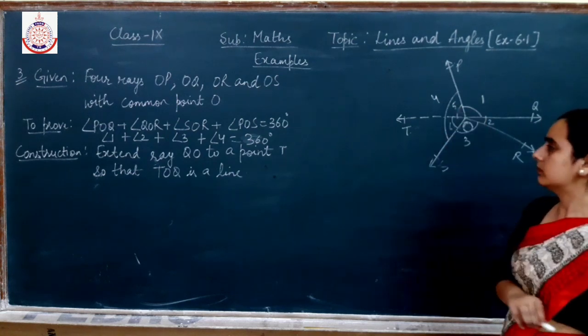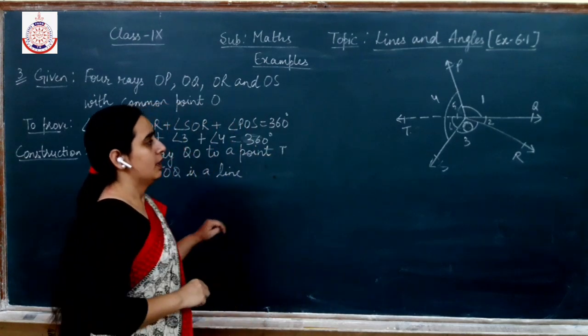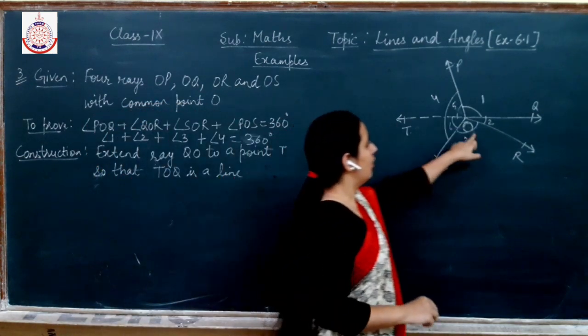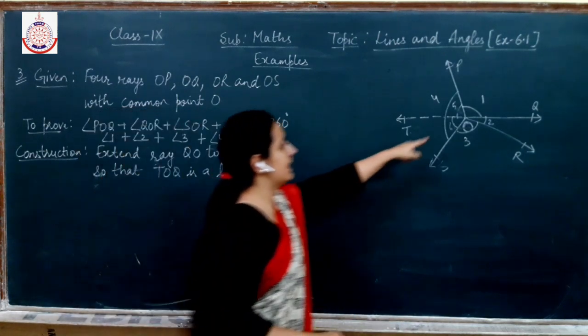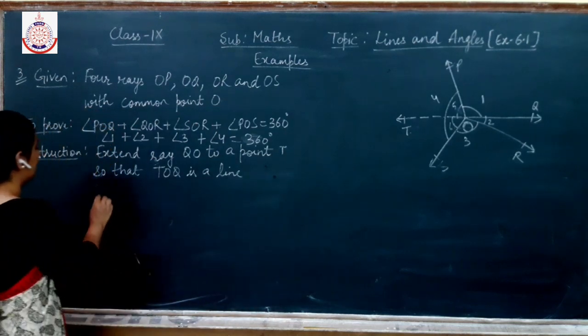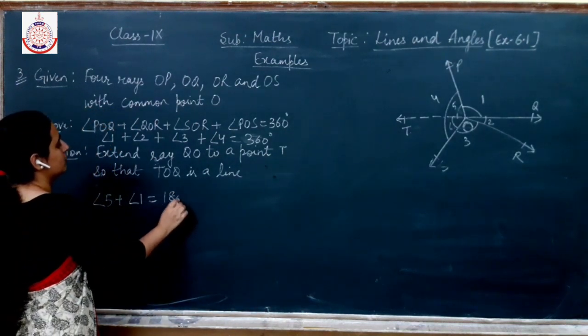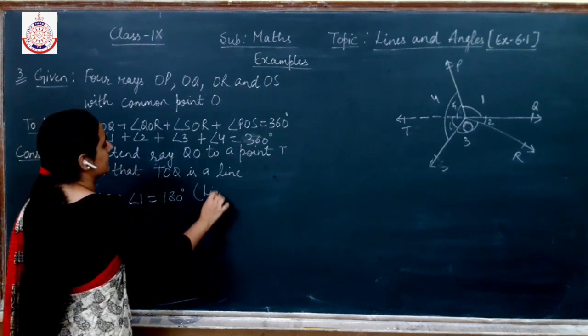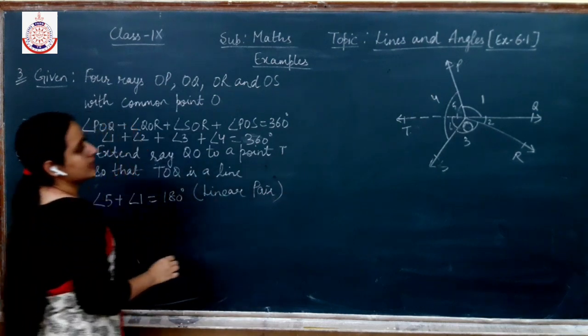Now we have to prove this equals 360. Now you can see TOQ is a straight line. So can I say angle 5 plus angle 1 will be equal to 180 degree? So I am writing here angle 5 plus angle 1 equals 180 degree. The reason is linear pair.